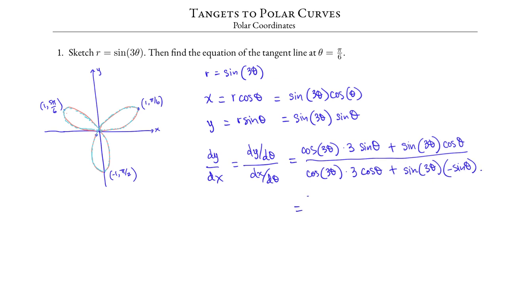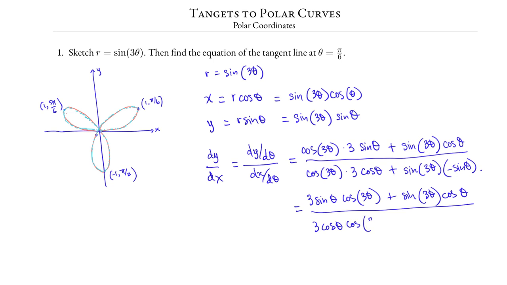Simplifying this, we have 3 sine theta cosine of 3 theta plus sine of 3 theta cosine of theta, over 3 cosine of theta cosine of 3 theta minus sine of 3 theta times sine of theta.